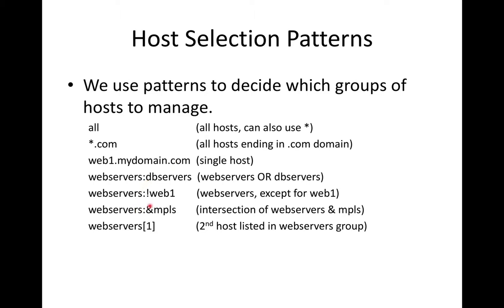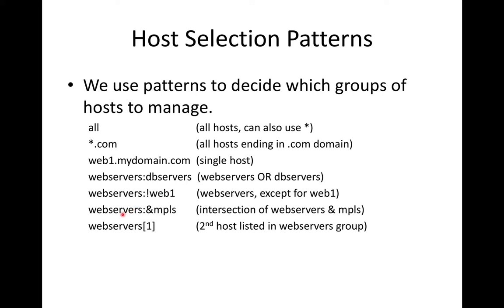And then there's a variety of other patterns, and this is a limited set. There are really dozens of different patterns that you can use. You could tell Ansible that you want to apply configuration against web servers or database servers. You could say I want to apply configuration against all the web servers except for the web1 server.